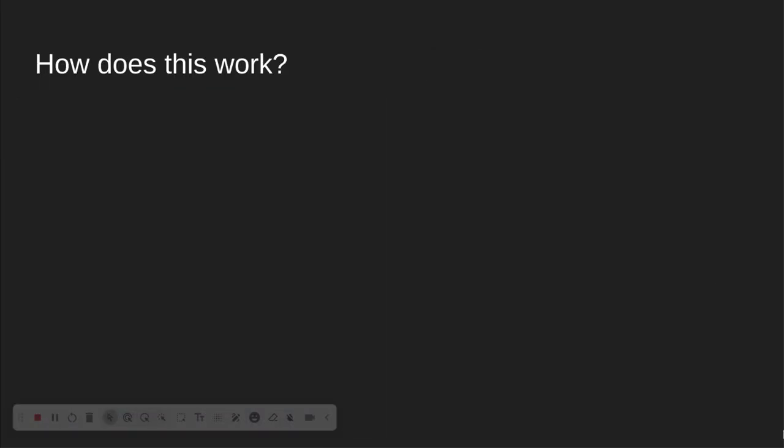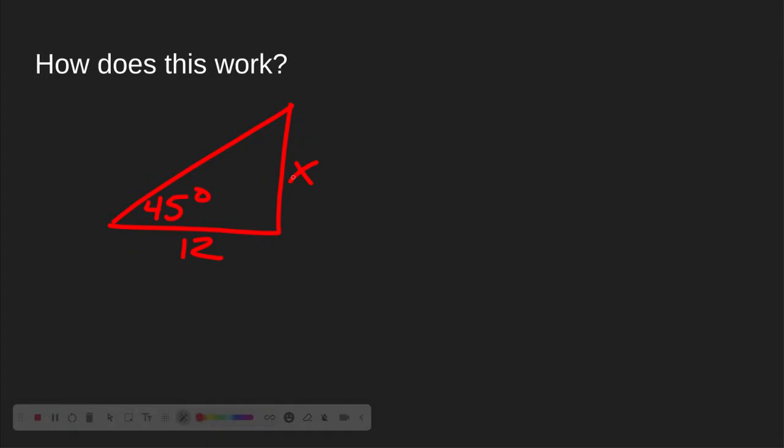All right, how does this work? It's easiest for me to start with a triangle and a function that you might be familiar with, okay? So this might be how many of your basic problems start.